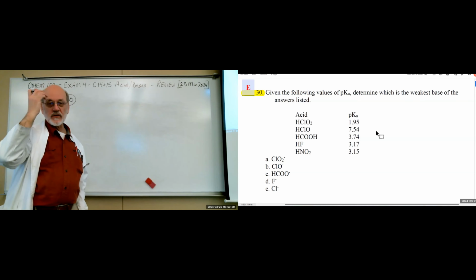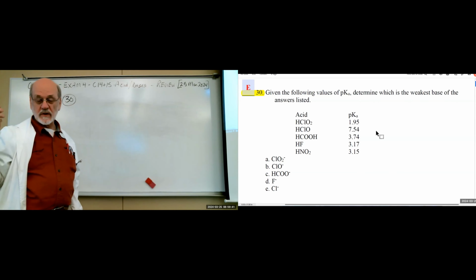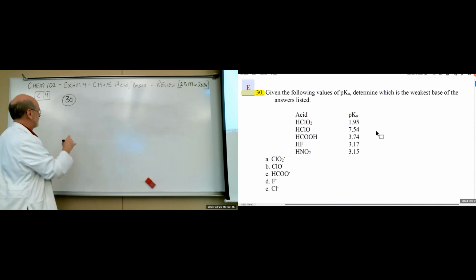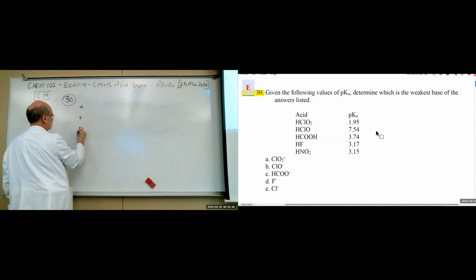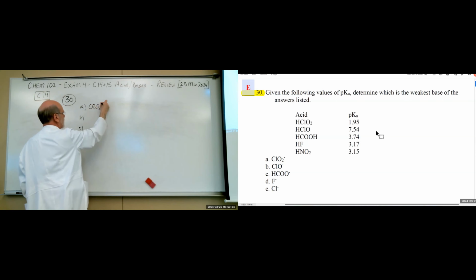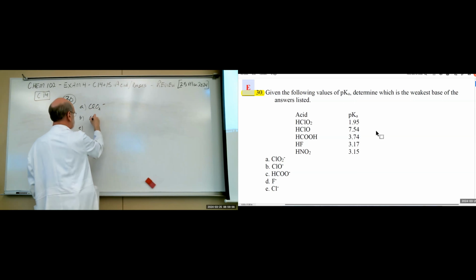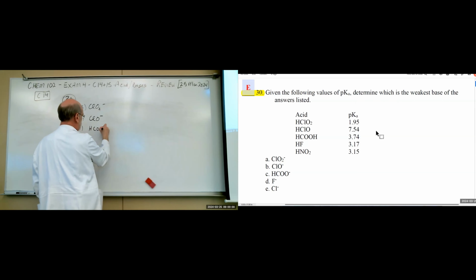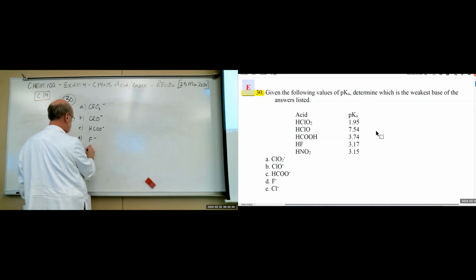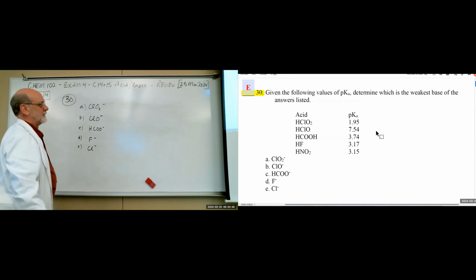Given the following values of pKa, determine which is the weakest base of the answers listed. All right, so we got these possible bases: ClO2 minus, ClO minus, HCOO minus, and F minus, and Cl minus.